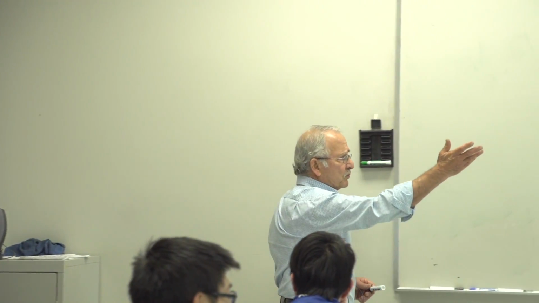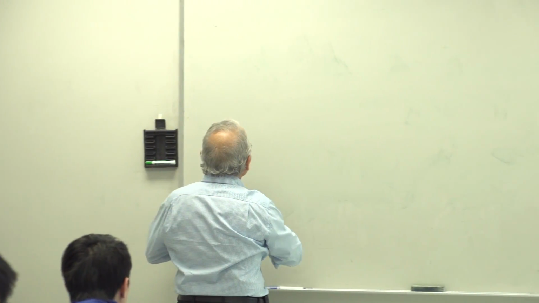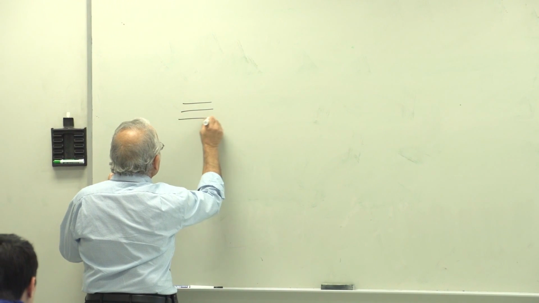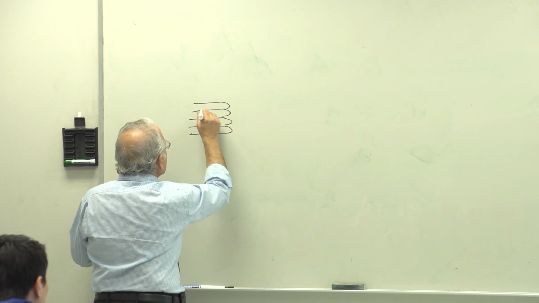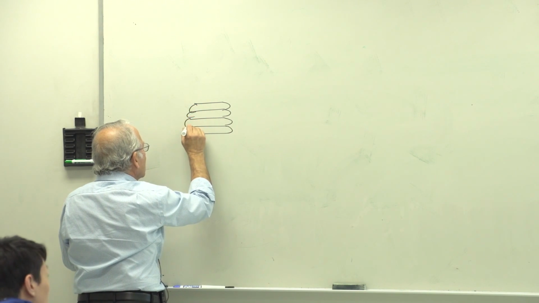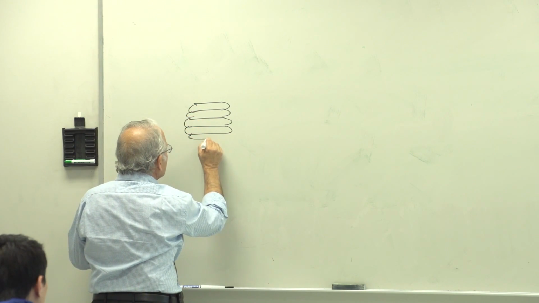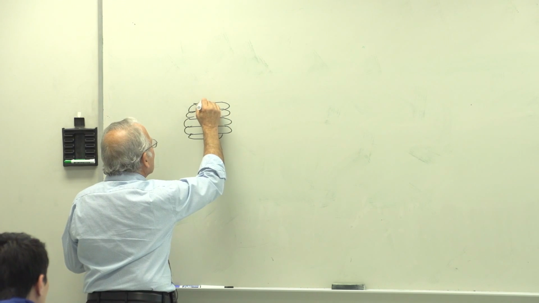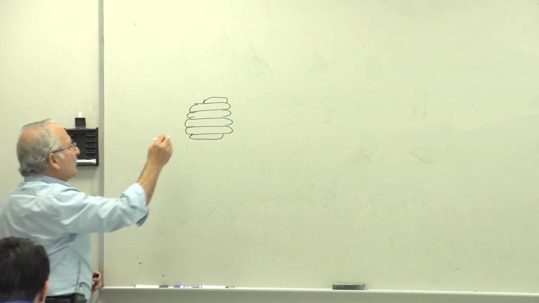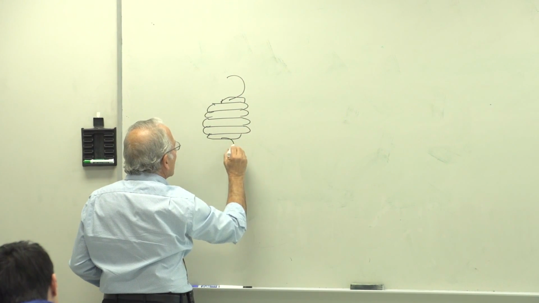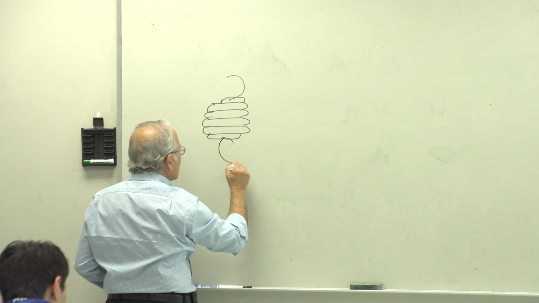There is a tension spring, which is similar to this, except that the coils are wound shut like that. And then, of course, you're going to have some sort of a hook or something here so that you can apply a load.